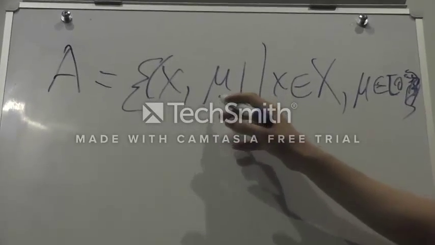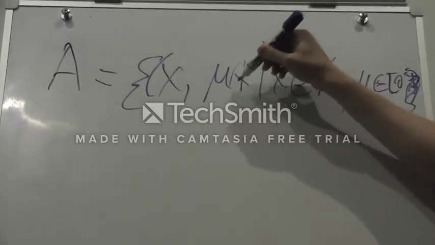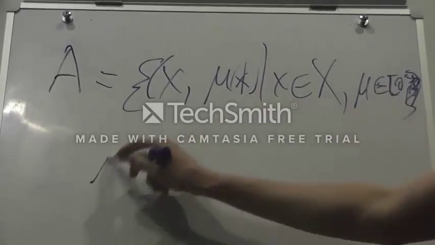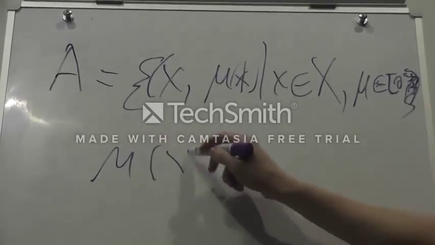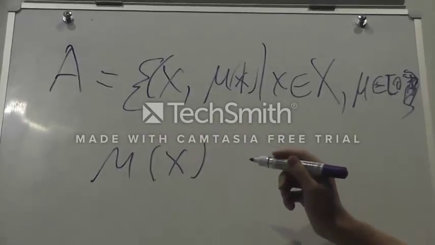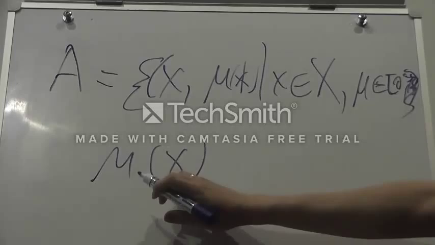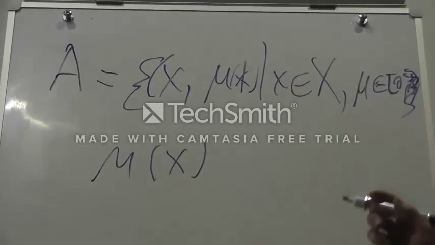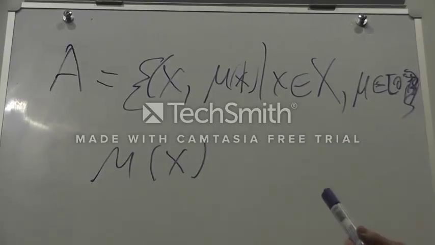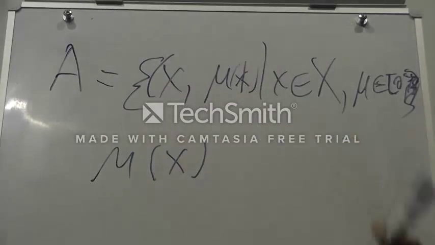Mu is called the membership function, and mu of x means the degree of membership, how much this x from the universum is presented in A.